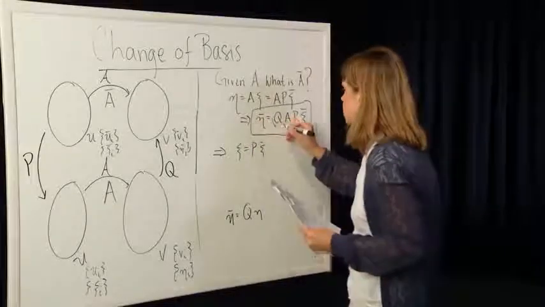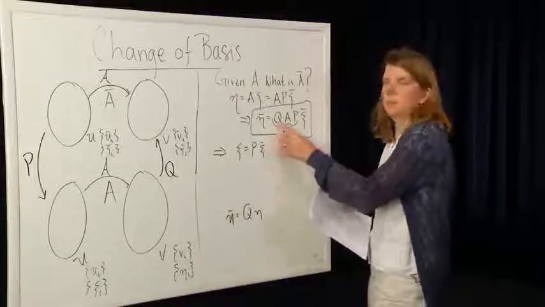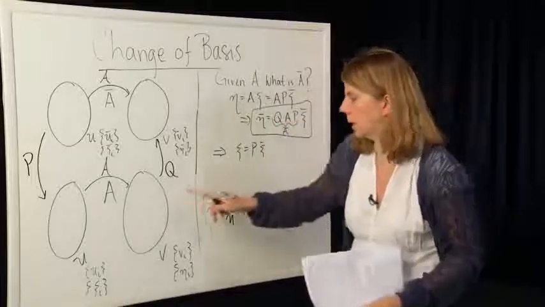Okay, and the coordinate representation is unique, so that tells us that A bar is actually given by matrix multiplication QAP. And we can think about this diagram here.